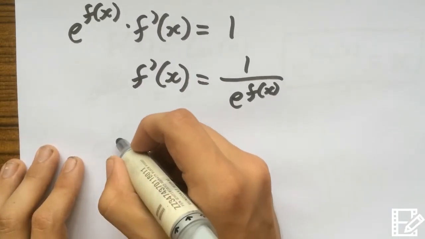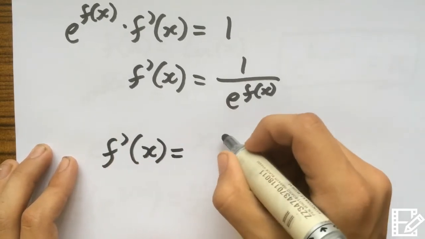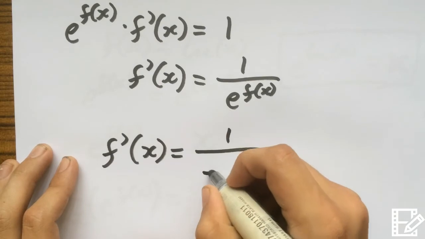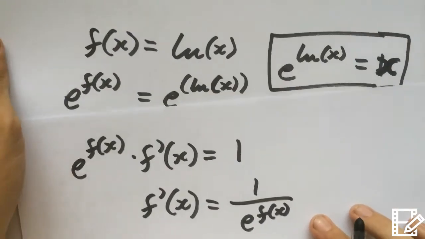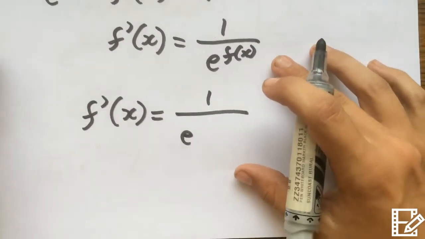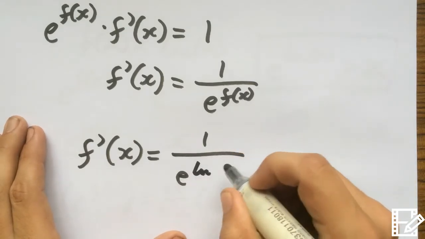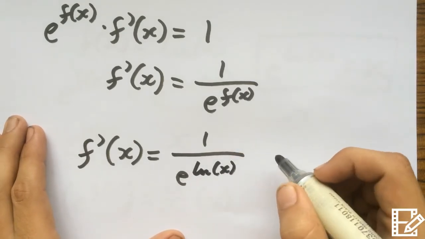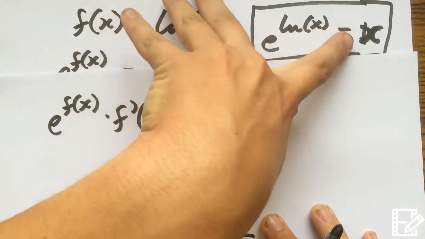Now, let's rewrite this. 1 over e to the power of f(x). We said way back here that f(x) was ln of x. So technically, we can just substitute in ln of x for f(x). And we get this. Now I also said that e to the power of ln of x is x.